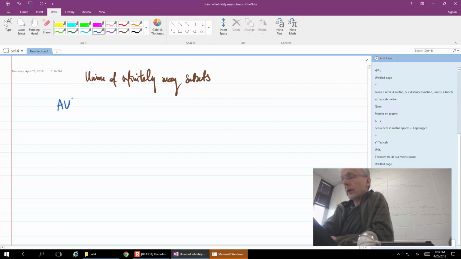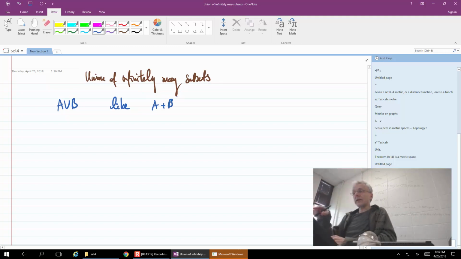So A union B is like A plus B. But then there is another notation in addition. If you add many times in a row, what notation do you use? From calculus, I have to add n terms. What do I do? Sigma. So sigma, say a sub i.